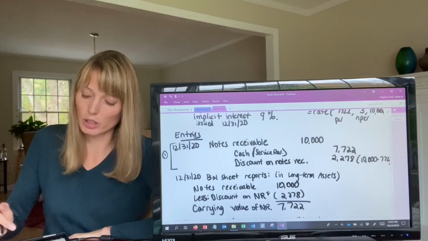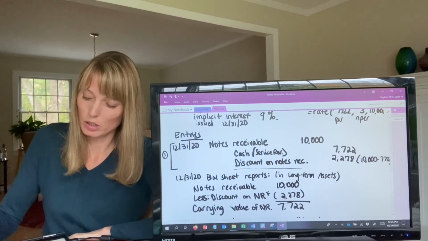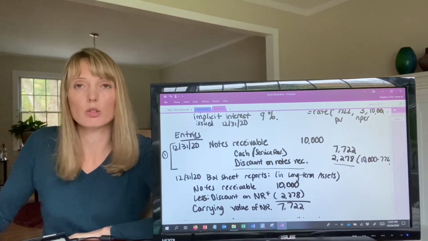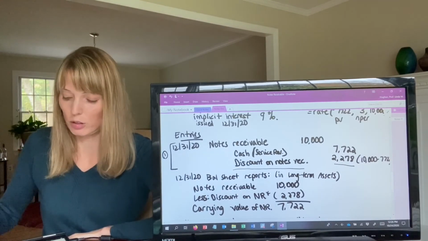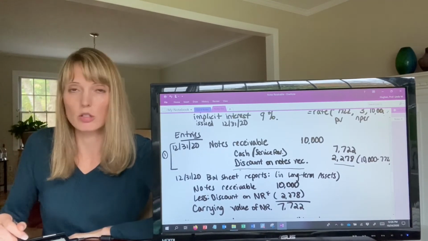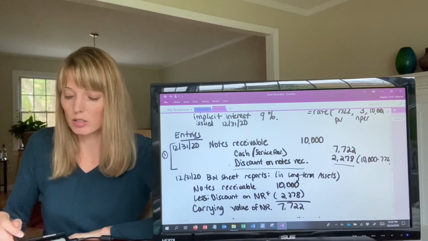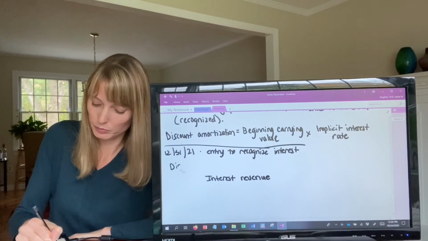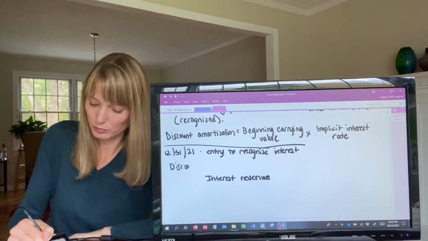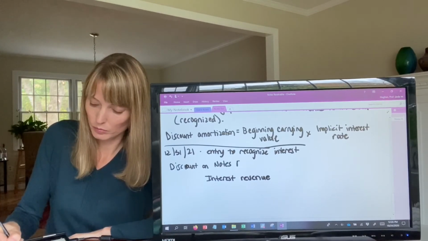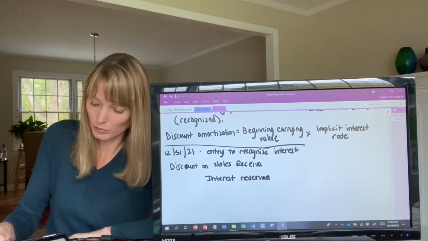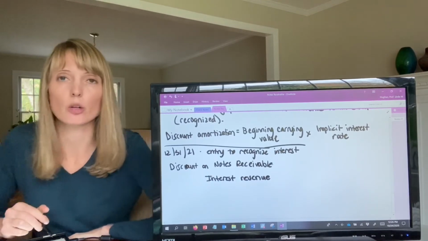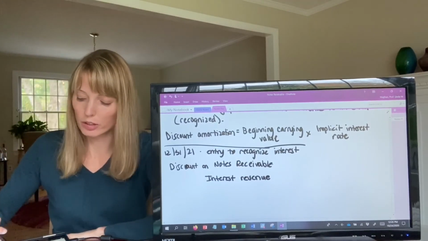Well, what we're doing is we are trying to reduce this $22.78 over the life of the note. So it carries a credit balance, so I'm going to debit to decrease the discount. So I'm taking away the discount, remember, no cash receipt, and I'm recording the interest revenue.